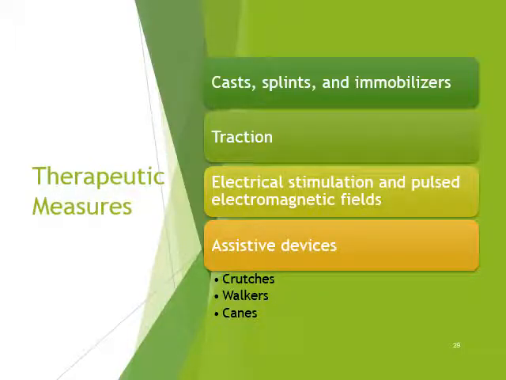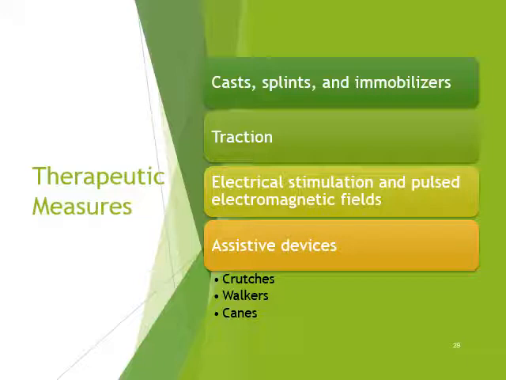So some therapeutic measures that are done after a fracture, casts, splints, and immobilizers. So to prevent swelling, a patient who is wearing an arm cast should keep the arm elevated above the heart when lying in bed. So a pillow to elevate the arm or pillows to elevate the legs is good.